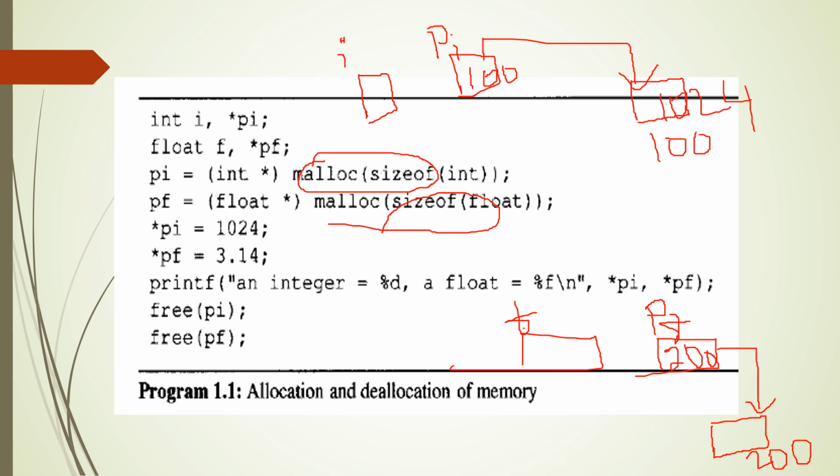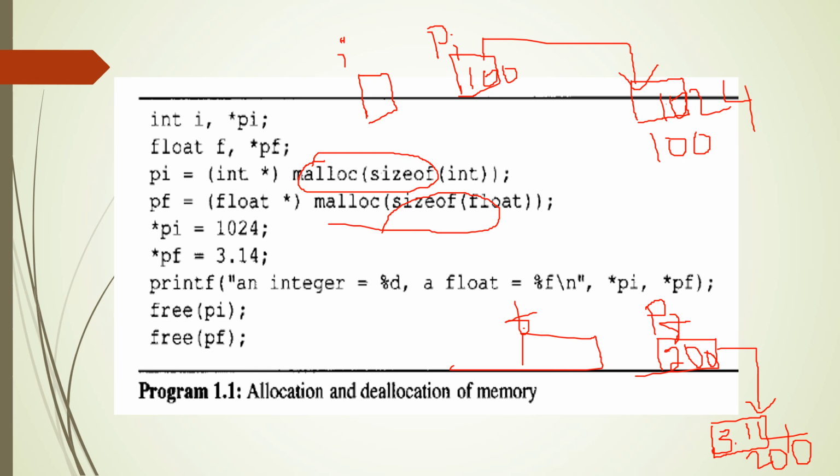If I write *pf = 3.14, simply pf means 200, *pf means value at 200. So value at 200 is nothing now, so 3.14 is going to be stored to the dynamically created memory block. And then it will print integer = *pi. *pi is 1024 and *pf means 3.14.